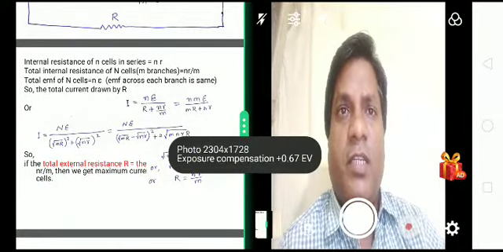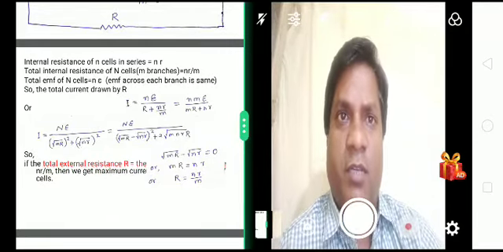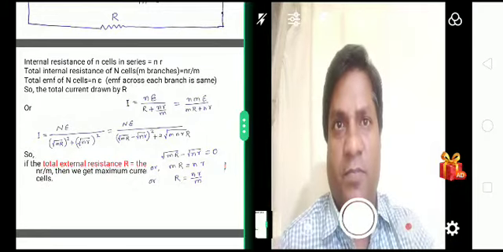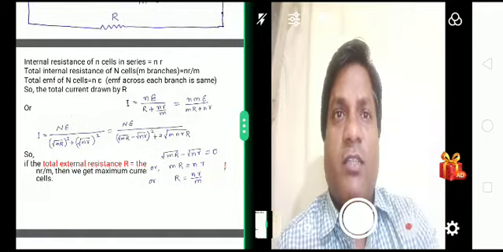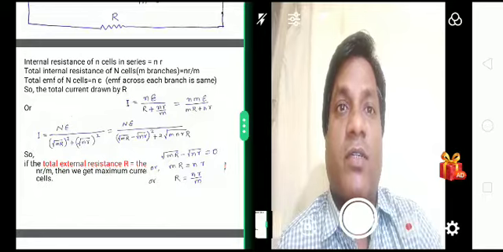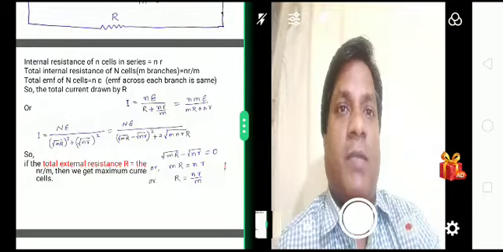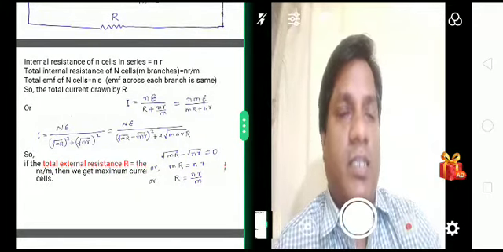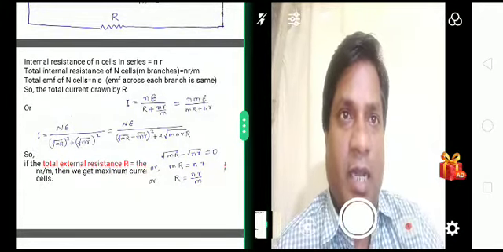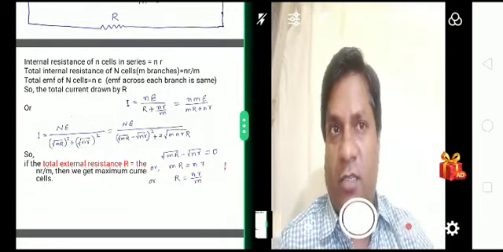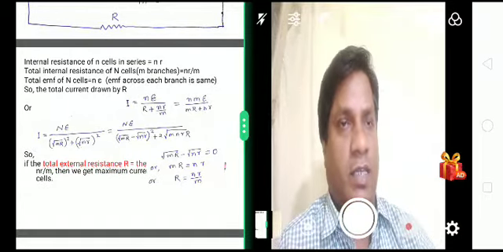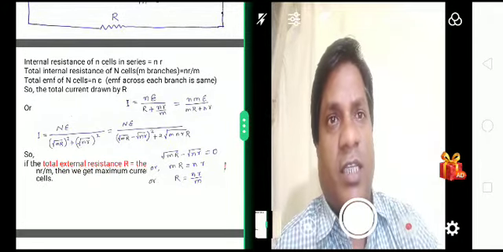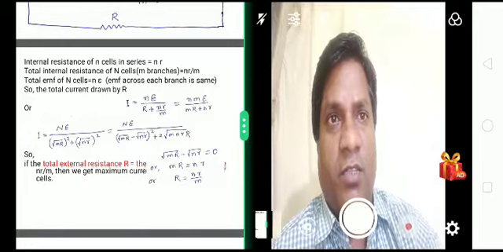Now the internal resistance of the n cells connected in series is equal to n times r. So the total internal resistance of the group of N cells is equal to nr by m. It's because there are a total of m branches in parallel, and in parallel combination the internal resistance is the internal resistance of each branch divided by the number of branches.